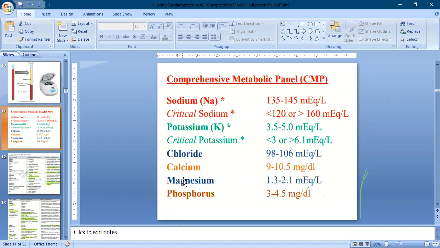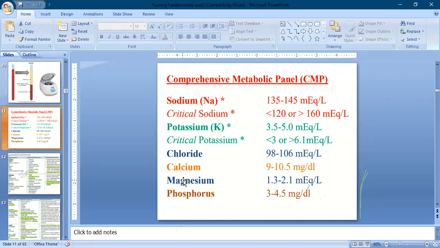We have to monitor the patient's daily body weight. We have to monitor the input output chart, and also we have to limit the fluid and sodium intake, right? Otherwise, it also develops complications.